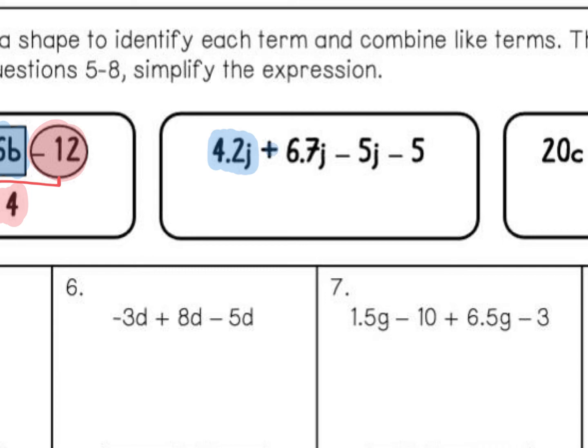So this needs to be a plus 6.7J. Any more? Negative 5. And then the negative 5J. Are there any more now? No. So now I need to change colors. And I have a, what is this number called? A number all by itself is called a constant.